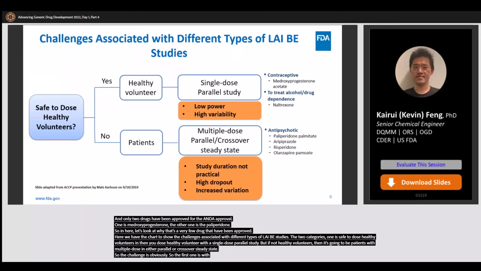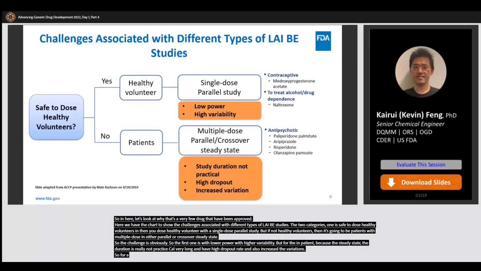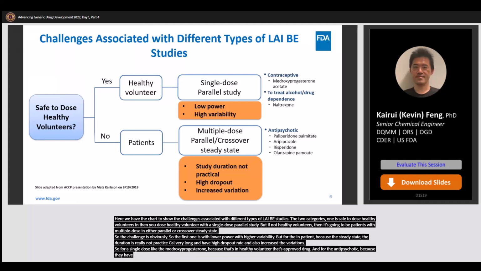For the in-patient study, because of steady state, the duration is very long and not practical, with a high dropout rate, and also increased variations. For the single dose like medroxyprogesterone, because it is done in healthy volunteers, that's an approved drug. For antipsychotics, because they have to be done in patients, like paliperidone and risperidone, there are really long durations. That's not practical. So here are the challenges for patients and healthy volunteers for the LAI products.